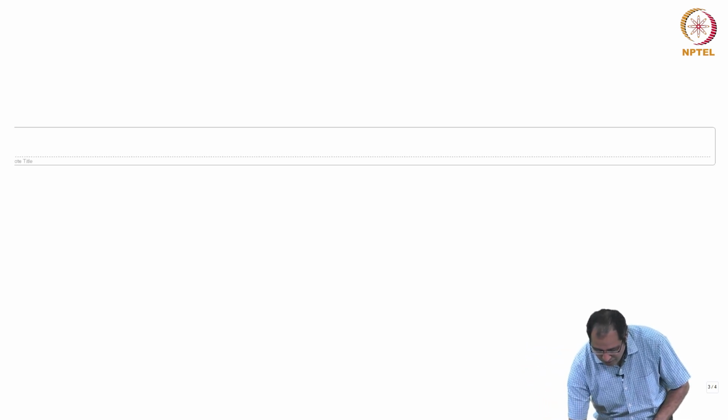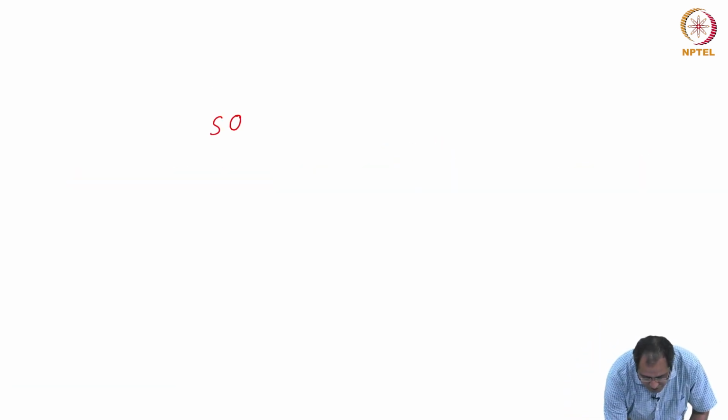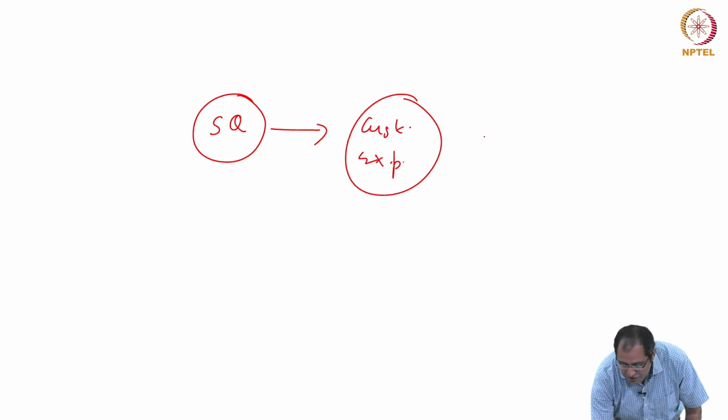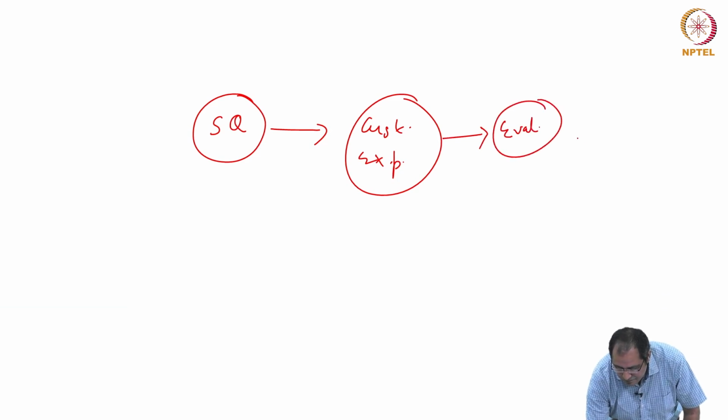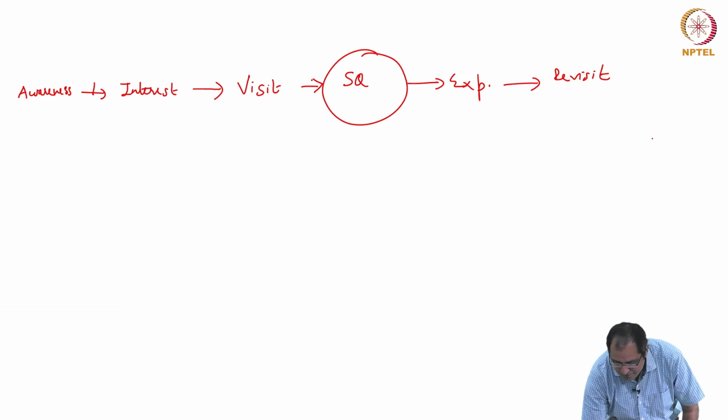So now narrowing down, we know where service quality is coming in, right? Service quality is coming here. So the theory says that service quality leads to customer experience, which leads to evaluation and loyalty, which leads to revisit, repatronage.